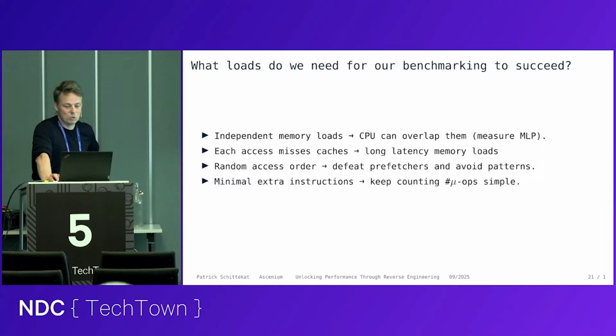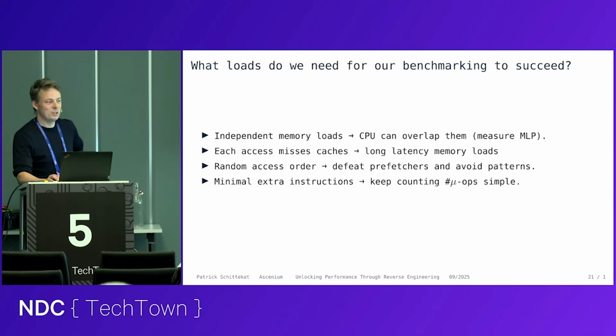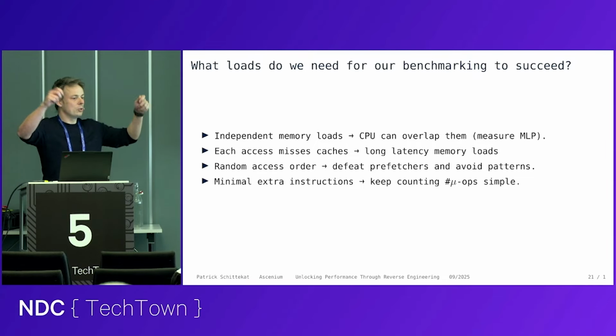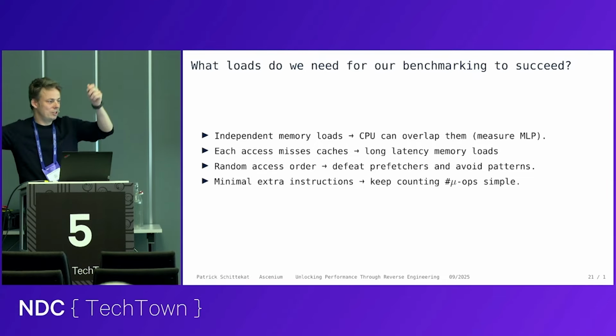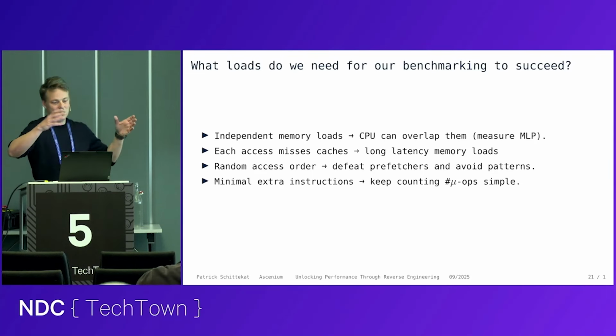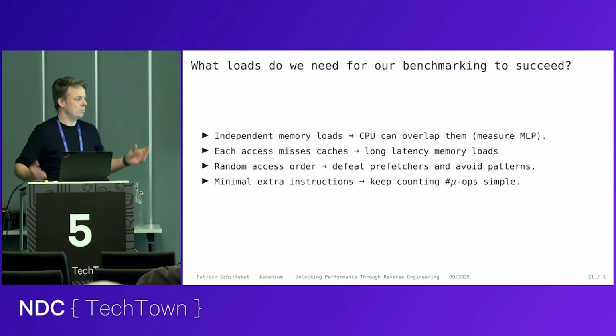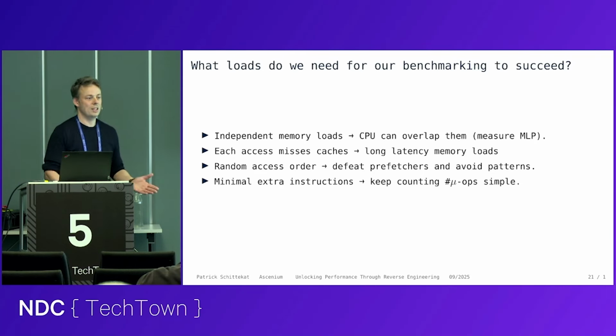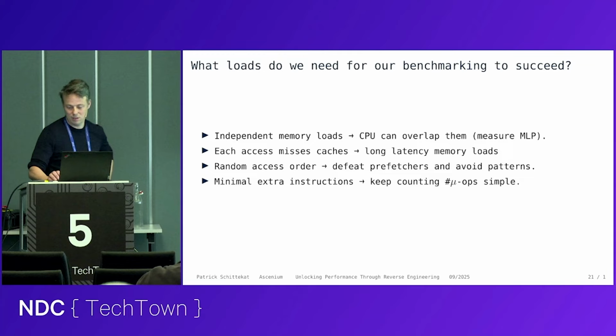We need to be able to load in random access order because hardware prefetchers get smarter and smarter. We can't just do memory loads going from one place to another in a very structured way, because the hardware prefetchers will catch that and put it in the cache before we know it. So you get different things.